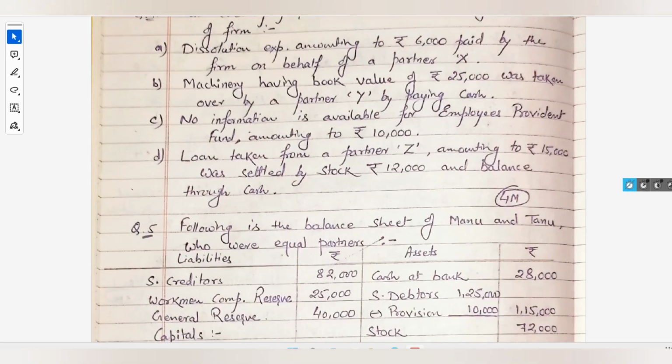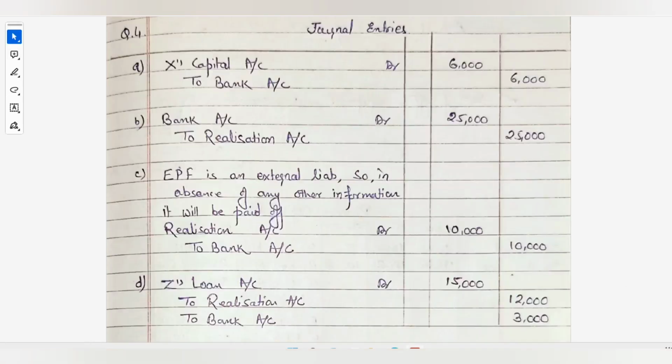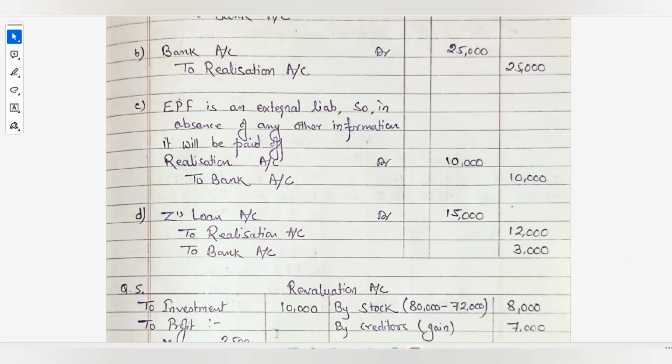Now let's move to the fourth transaction. Loan taken from a partner Z. So there is another partner named Z, and a loan taken from Z amounting to rupees 15,000 was settled by stock of rupees 12,000 and the balance through cash. That means, to settle the amount of Z's loan, we have given stock worth rupees 12,000 as well as cash of rupees 3,000.